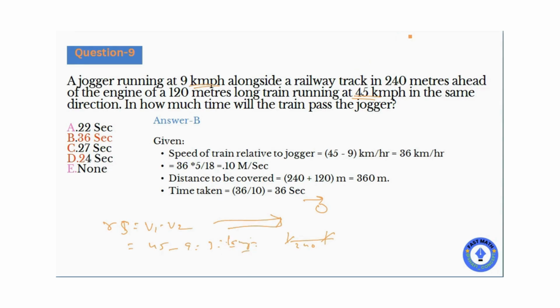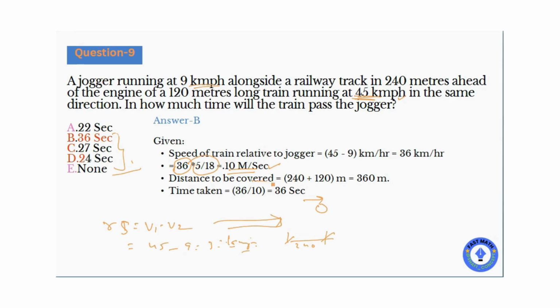But I have already told you, when the answer is given in seconds but you have arrived at the speed in kilometers per hour, you have to convert it into meters per second. How will you convert 36 kilometers per hour? Multiply by 5/18. It directly gives 10 meters per second as the relative speed of the train and the jogger.